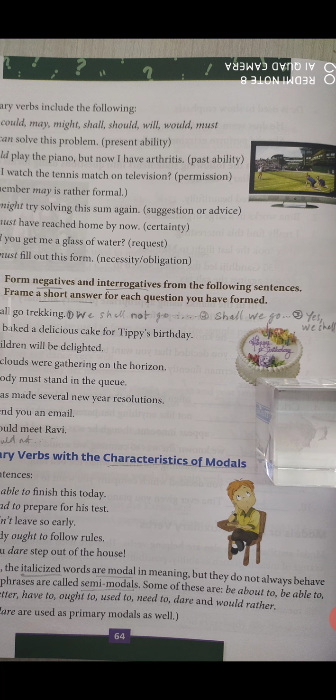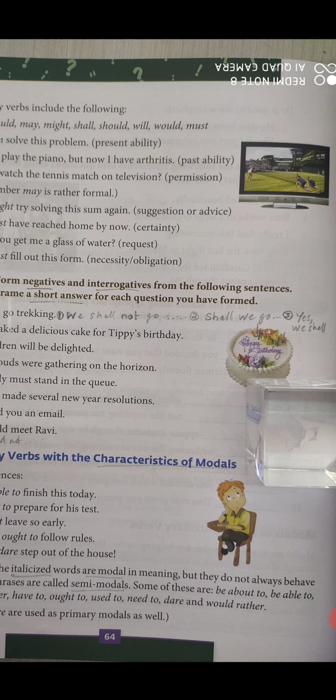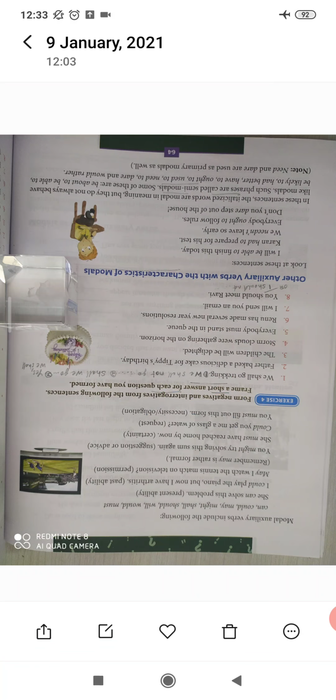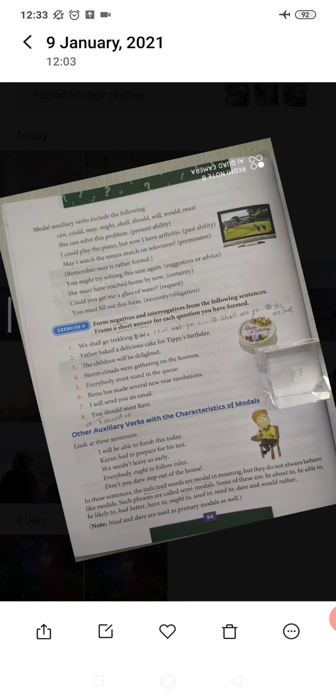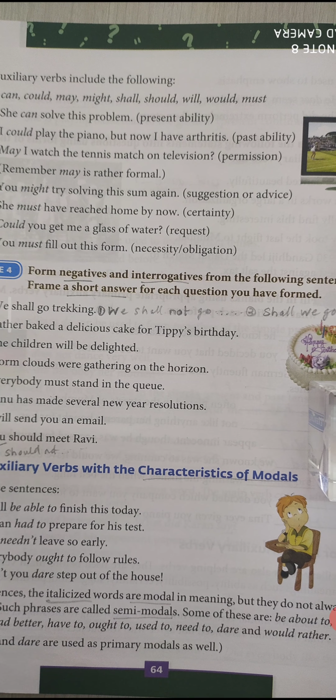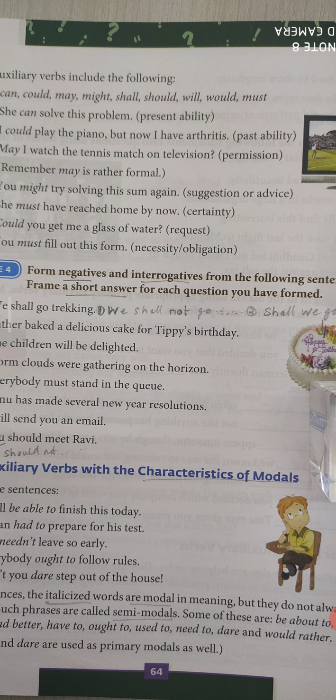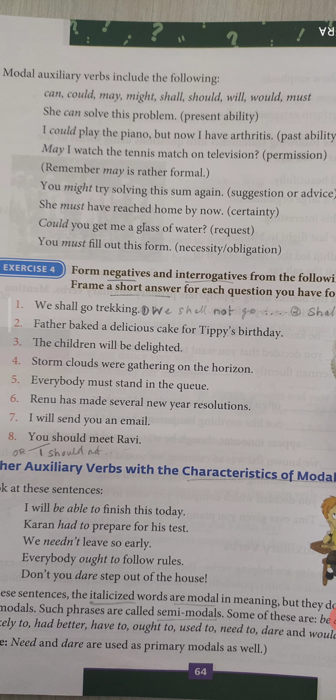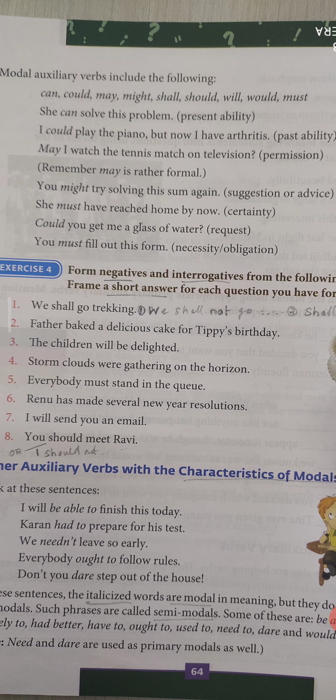Also make a question, that is interrogatives. And third one is, you need to give a short answer, like yes, I shall, yes, I will, whatever it is. First one, I am giving you the answer. All the others, you do by yourself and send for correction or ask me.